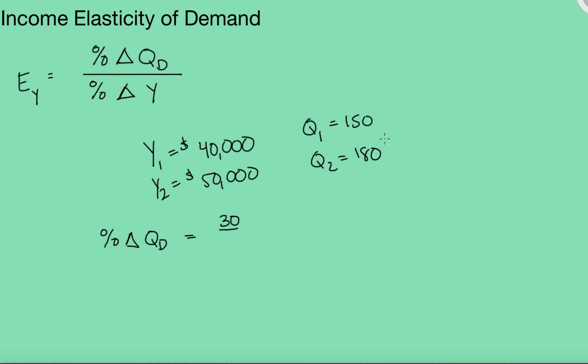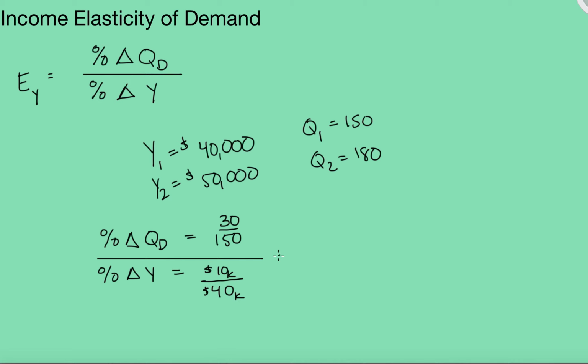To find the percentage, we look at 30 divided by the number that we started with, which was 150. And we're going to put all of this over percent change in income, which is the difference between 40,000 and 50,000, which is 10,000, divided by the number we started off with, $40,000.